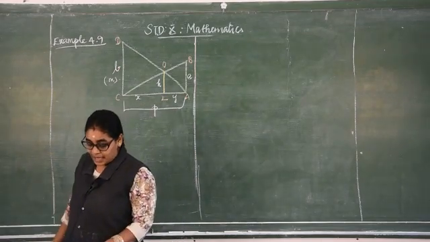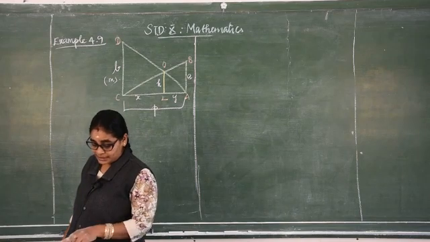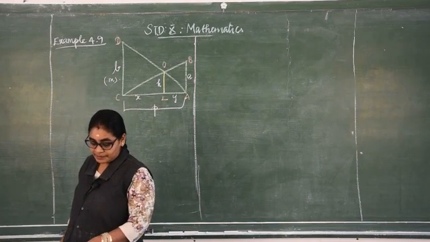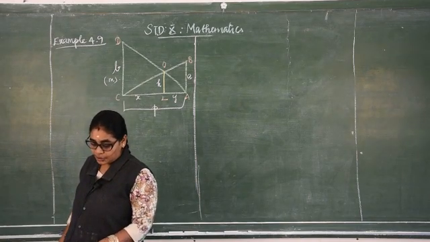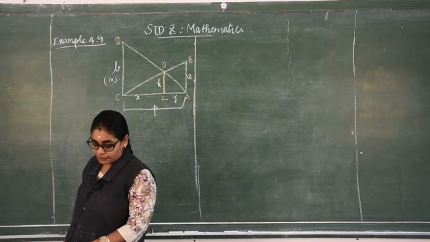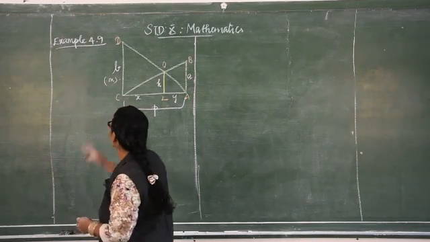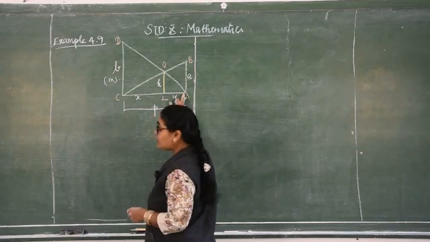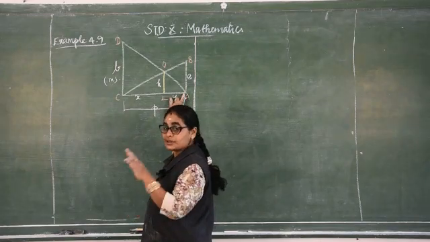Prove that the height of the point of intersection of the lines joining the top of each pole to the foot of the opposite pole. So the top of each pole is joined to the foot of the opposite pole.